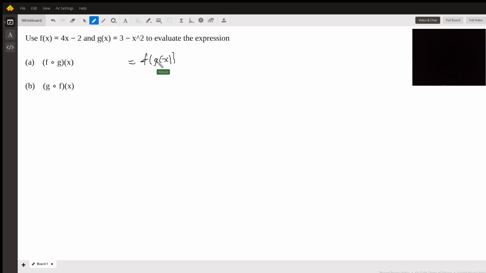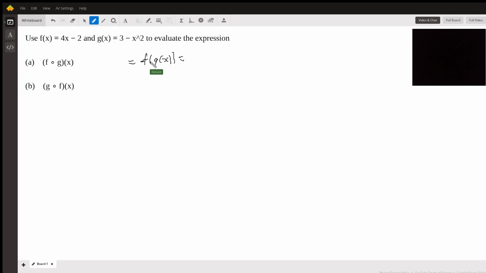This is just a lot friendlier, a lot easier to work with. These are called composite functions, by the way, or a composite of functions. And just FYI, this is used a lot in calculus, so if you are going on to take calculus, you'll be using this quite a lot.